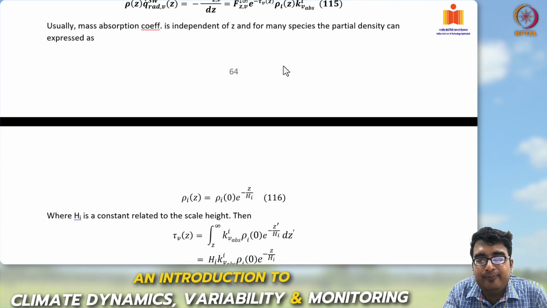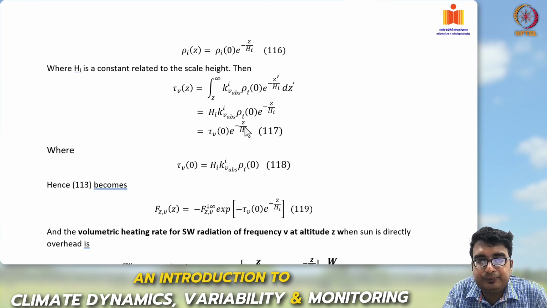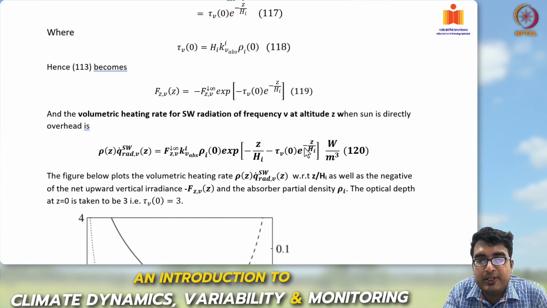So rho_i z is rho_i0 e to the power minus z by H_i. So we put this here. E to the power minus tau_nu z is e to the power minus tau_nu0 into e to the power minus z by H_i. So this expression comes here. So these two together are put into the single exponential term: e to the power minus z by H_i into e to the power minus tau_nu at sea level and e to the power minus z by H_i. So this expression is combined to it.